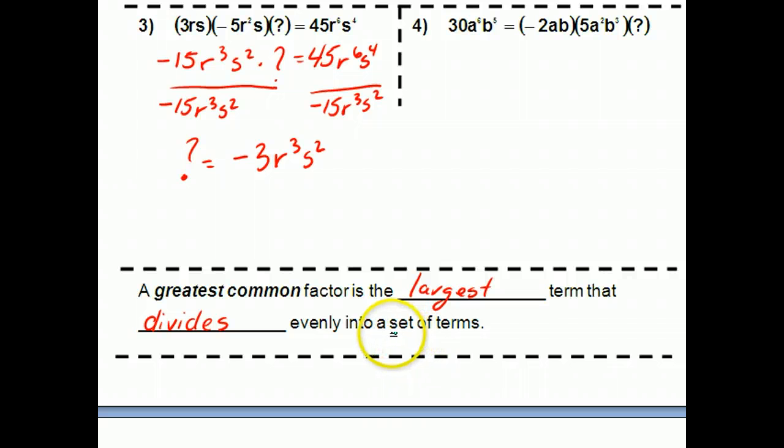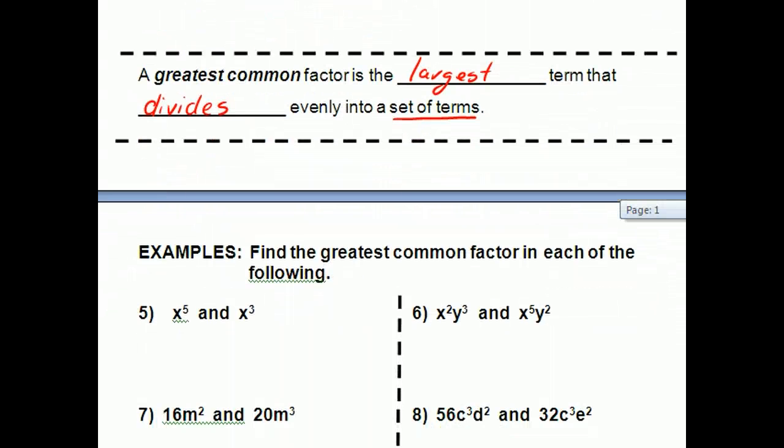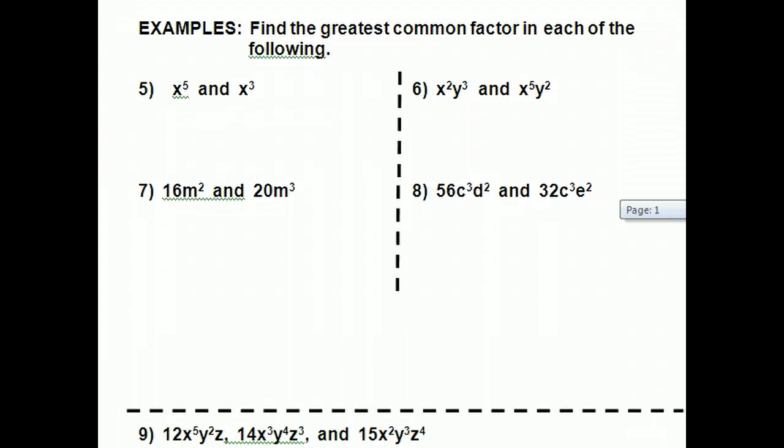So a set of terms means that I'm going to have a list of terms with plus or minus signs in between them. So let's take a little look at what this is all about. So here's a couple of examples. Find the greatest common factor in each of the following. So I want to find the biggest number that's going to divide evenly into this.